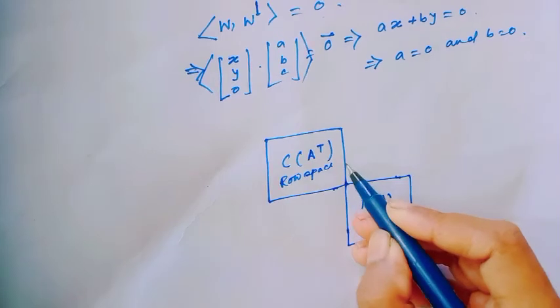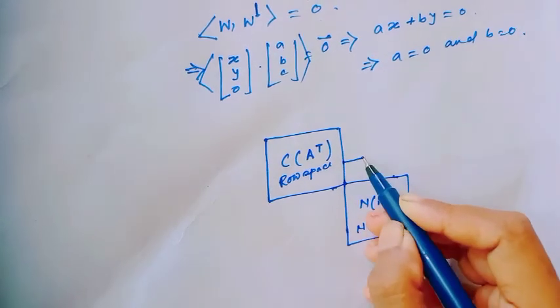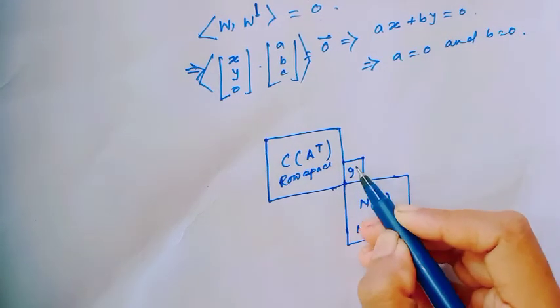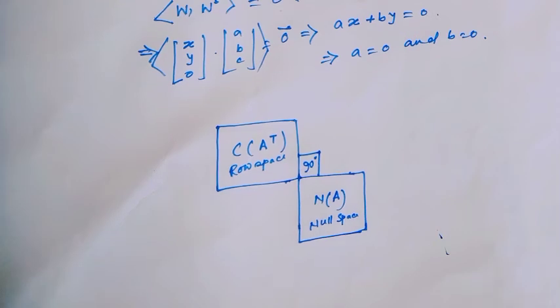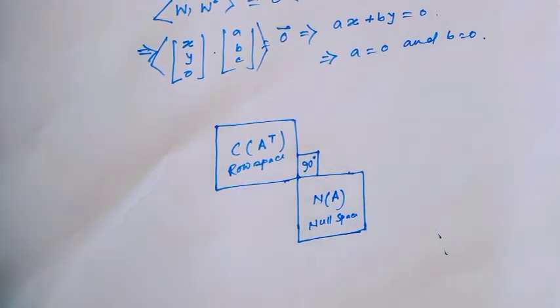The angle between the row space and null space is 90 degrees, so the row space and null space are orthogonal to each other.